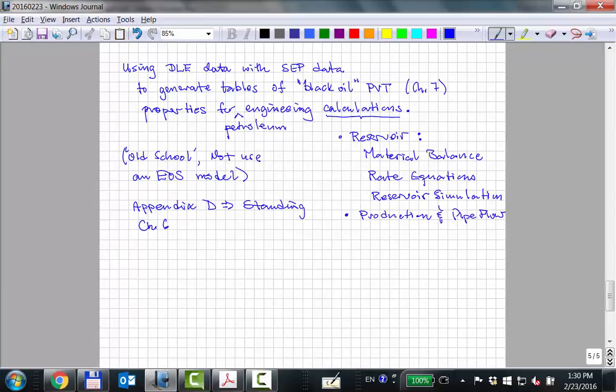So I'm just going to give you the summary of the equations to go from DLE data together with SEP data to create the so-called black oil PVT. Okay? Just the mechanics of doing that.